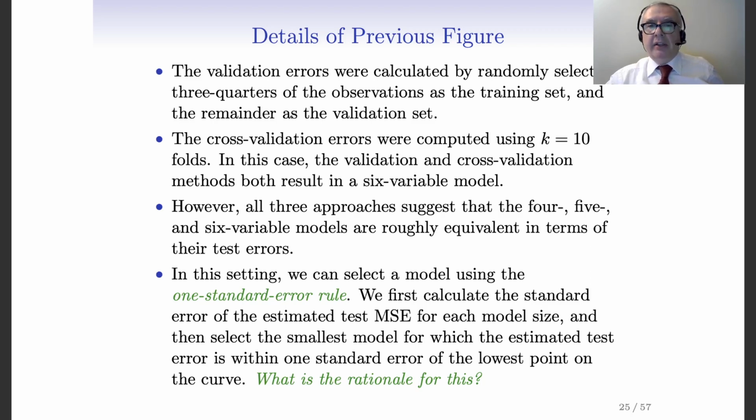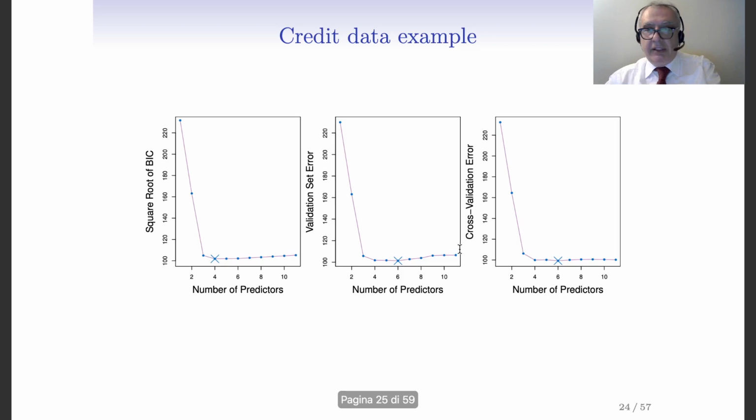Okay. We have just seen that in this example, validation and k-fold cross-validation suggested the same model. Nevertheless, and this was something that you already observed before when using the criteria BIC, AIC, adjusted R squared, you can see that there are a number of models that are roughly equivalent, so their indexes are not so different from each other.